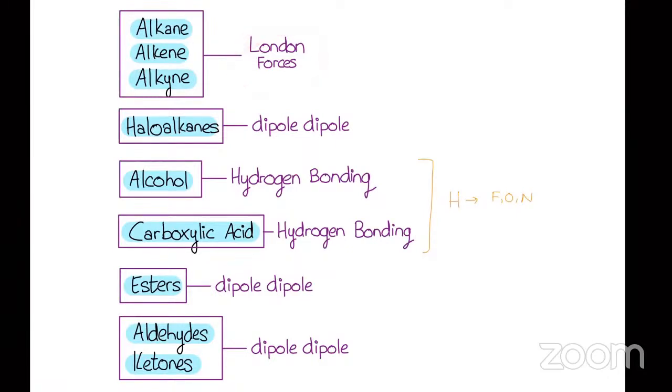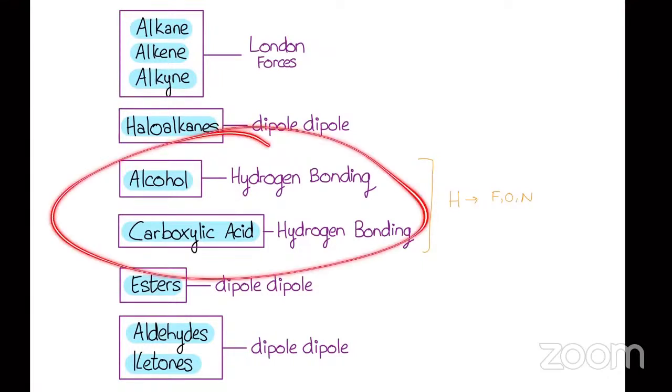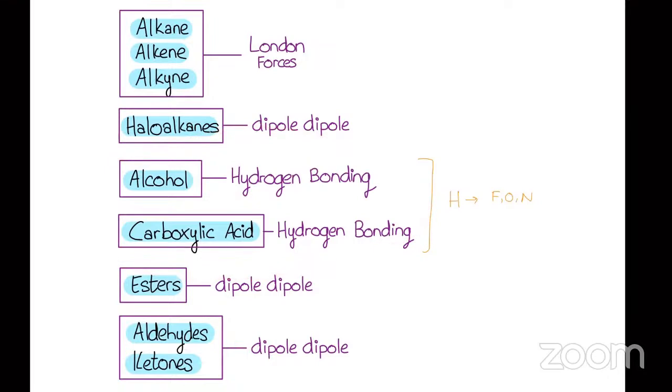Then we talk about the haloalkanes, which are our alkanes, but with halogens. These have dipole forces. Then when we talk about alcohol and carboxylic acid, these are the two that actually have hydrogen bonding.